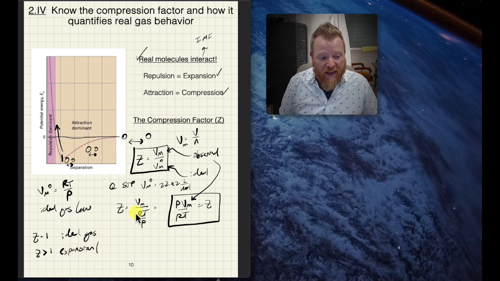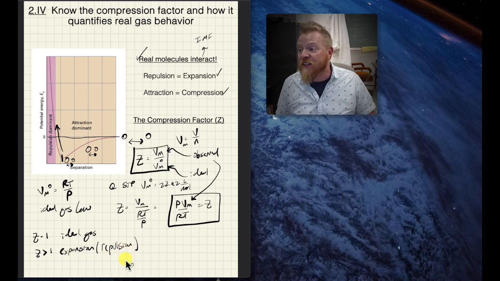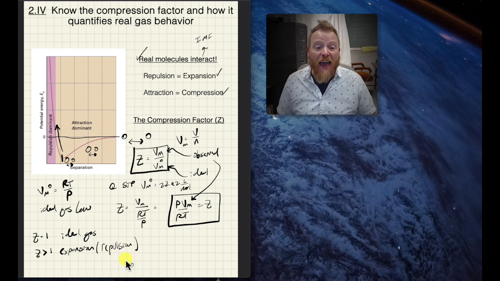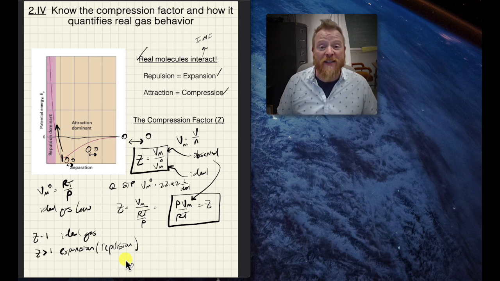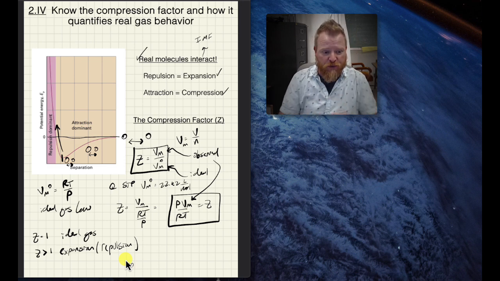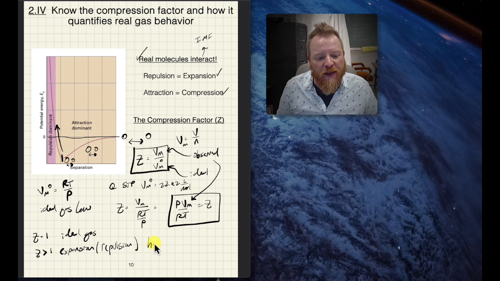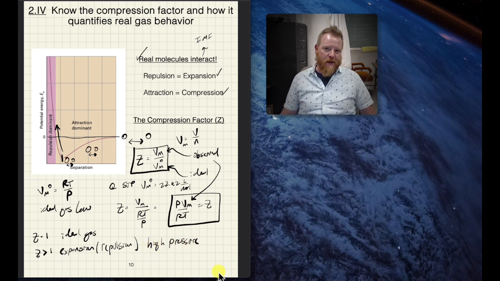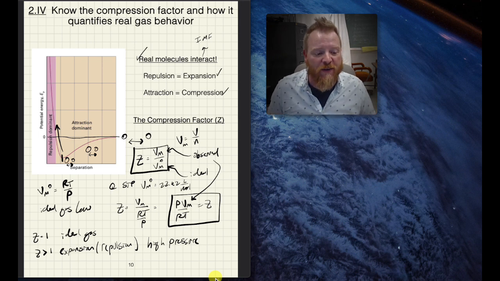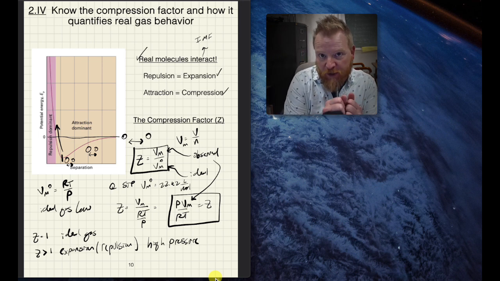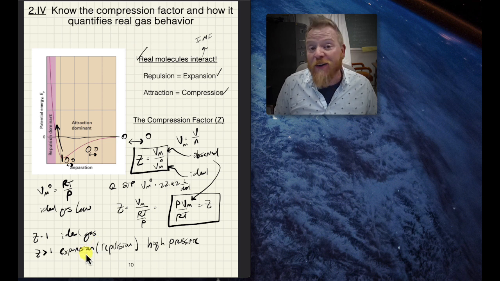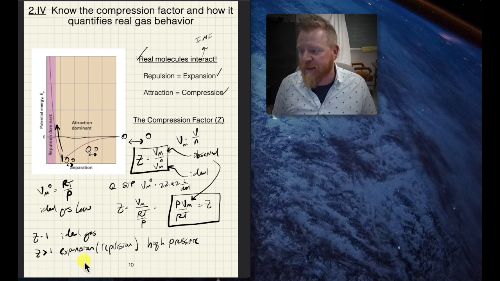And expansion means repulsions are dominant. And the way that we would have repulsions being dominant, forcing those molecules closer and closer together, that would be achieved with high pressure. Okay. So as we increase the pressure of a gas sample, we're going to force the molecules closer and closer together. They're not going to like that very much. And the result will be that they occupy more volume than they would ideally.